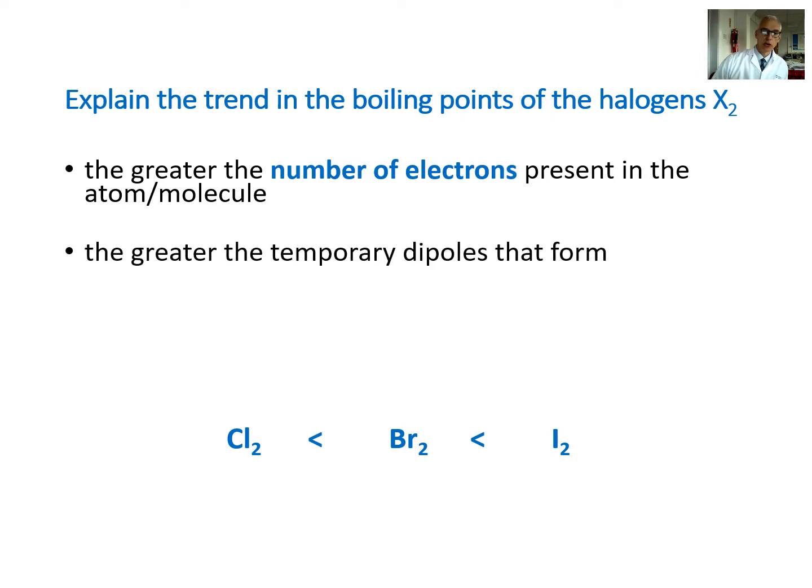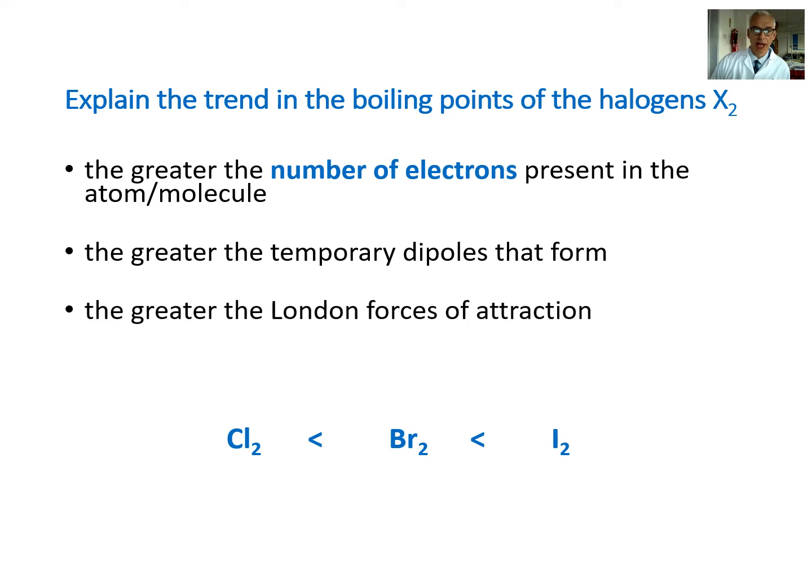So this is a crucial key, because that means that the temporary dipoles that are created and induced by random electron fluctuations and the induced electron fluctuations, as described in London forces, are greater. And that means if the temporary and induced dipoles are greater, then the forces of attraction between the molecules will be greater. That is, the London forces are greater.